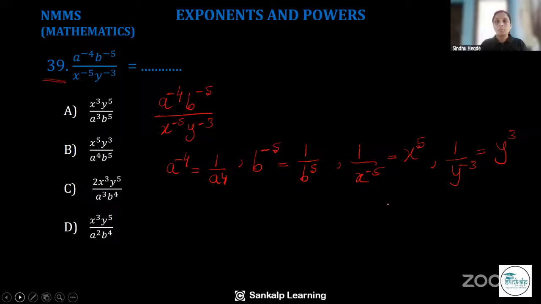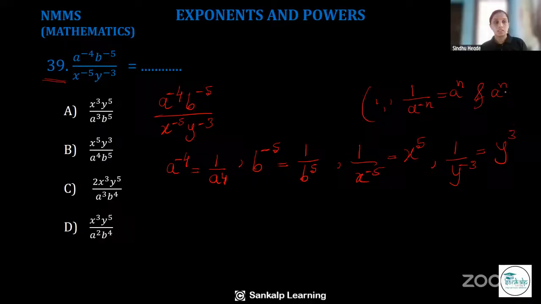So make this conversion first. These all come under the law: 1 by a raised to minus n is a raised to n, and a raised to minus n is nothing but 1 by a raised to n. On the basis of these two formulas, we can write these terms like this.